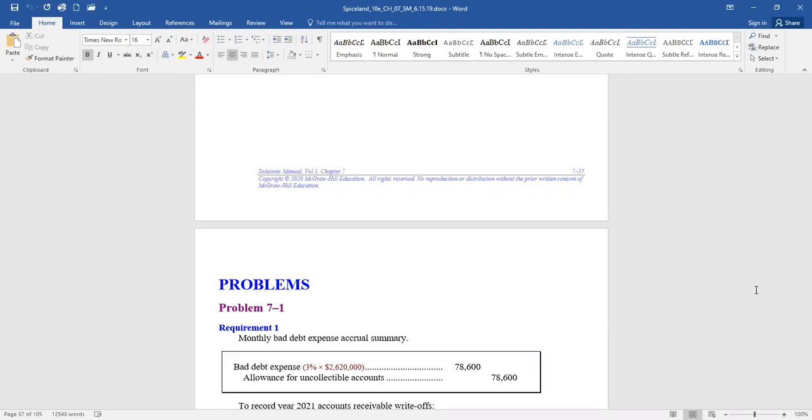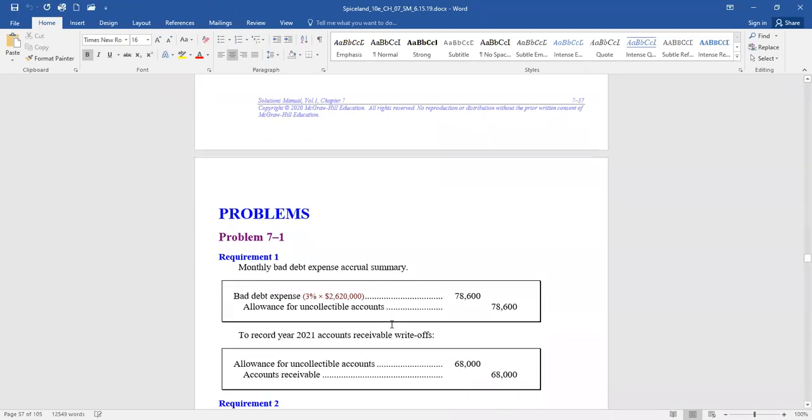Remember, write-offs, you debit allowance; estimate, you basically credit it. So going into the end of the year, the balance in the allowance for uncollectible accounts is a credit of $64,600. So we need to know that balance. So that was one way of estimating and how it affects the accounts.